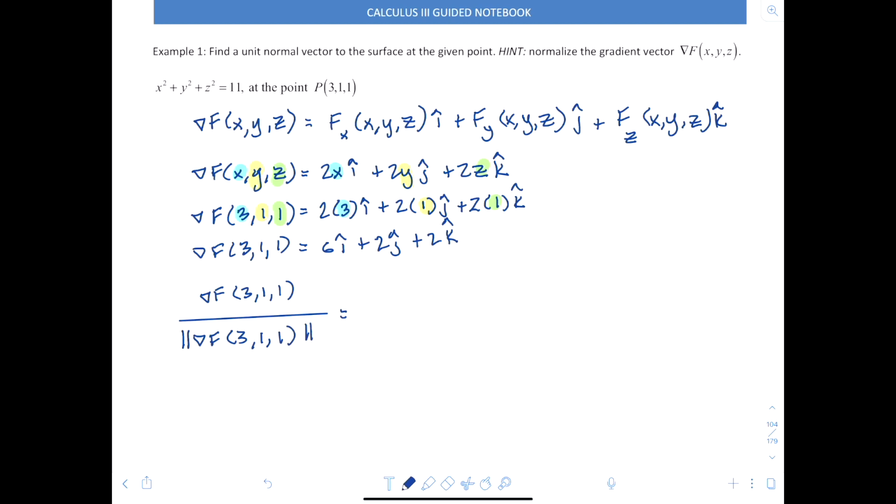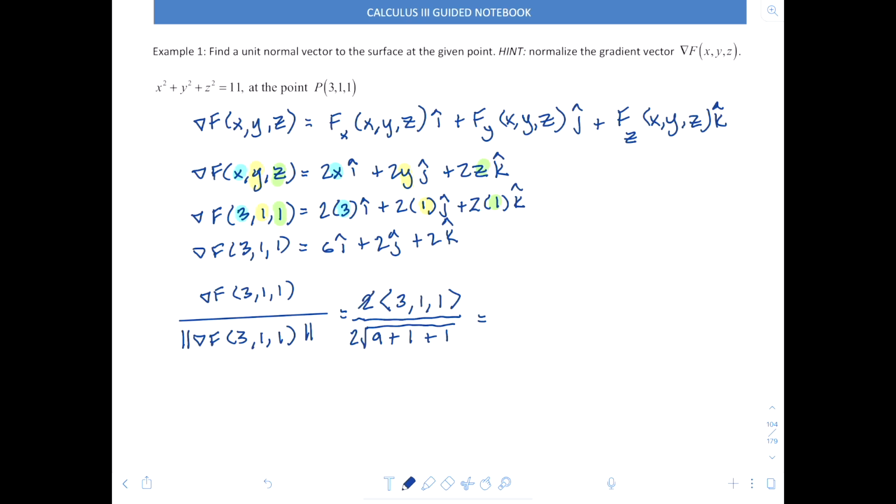And that will be, we can factor out a 2 and then times the vector 3, 1, 1 over 2 times the square root of 9 plus 1 plus 1.